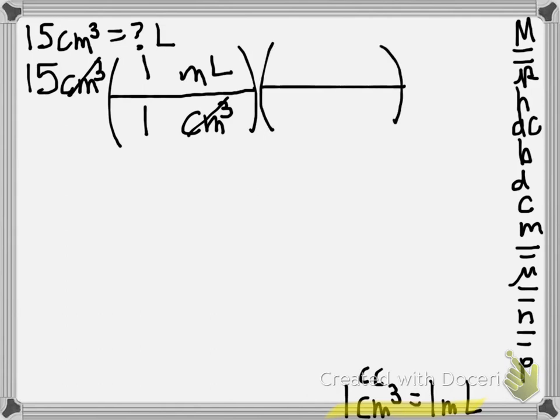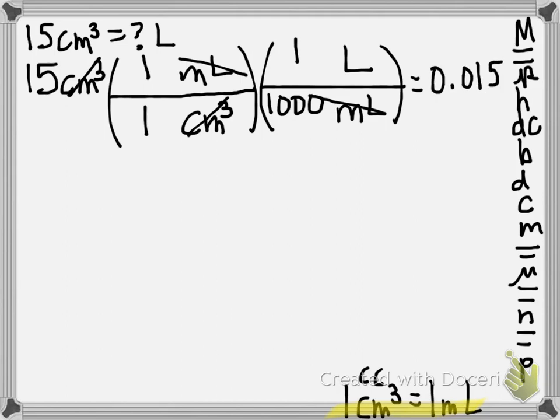Milliliters are in the numerator, so they have to go in the denominator. We're trying to convert to liters, which we know something about. So we're going to be left with our answer in liters. Again, a liter is larger. It's 1,000 milliliters, which means our answer is 0.015 liters.